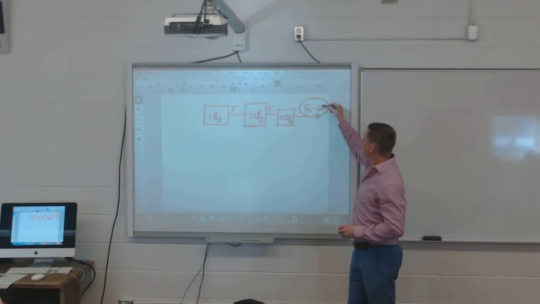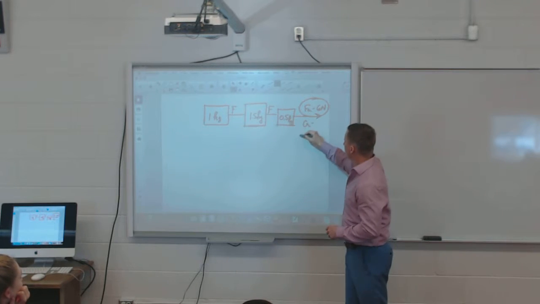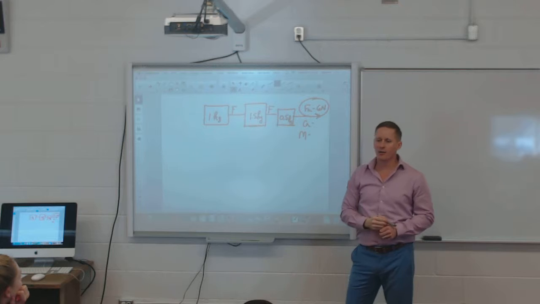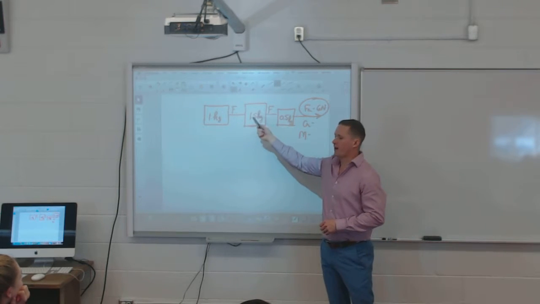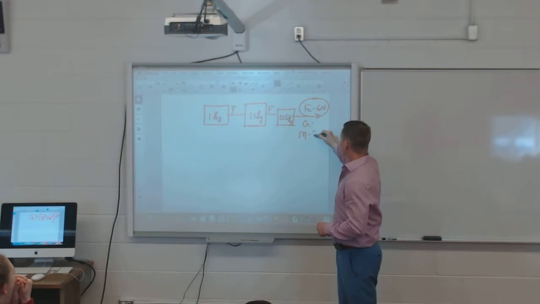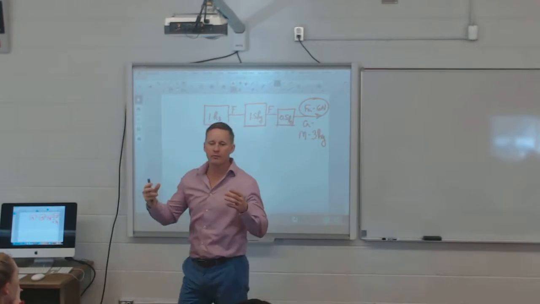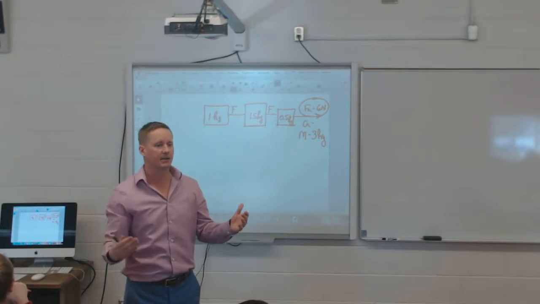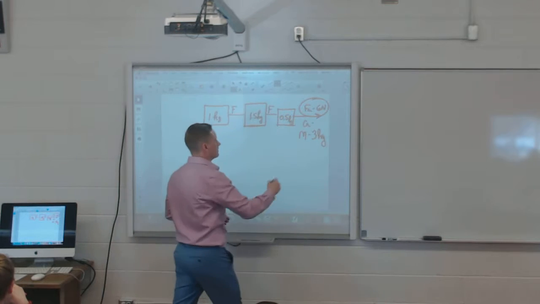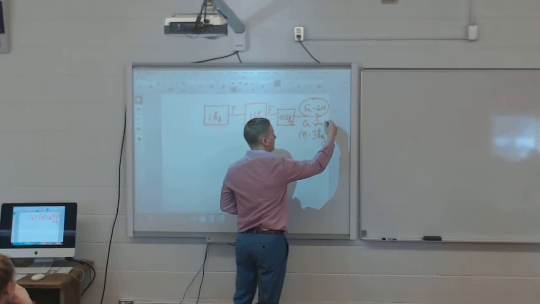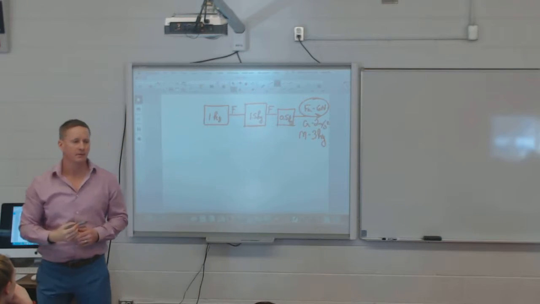So if I have a 6 Newton force, I should be able to calculate what my acceleration is by finding out how much mass is being pulled, correct? So I have 0.5, 1.5 is 2, 2 and 1 makes 3 kg. Because they are all moving together, they have the same acceleration. Well, what is the acceleration on each cart? 2 meters per second squared, right?